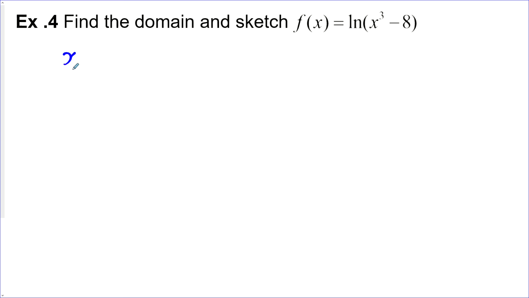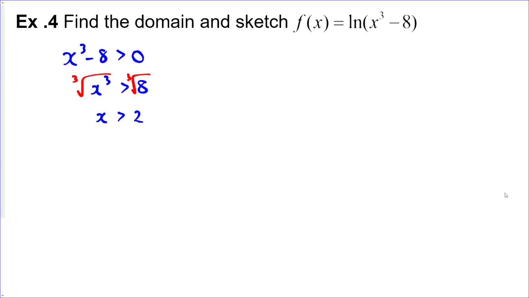So we'll say x cubed minus 8 needs to be greater than 0. And plus 8 on both sides, and the cube root of both sides, we get that x is greater than 2.